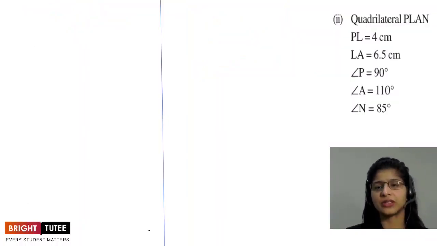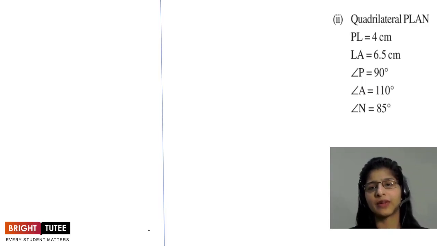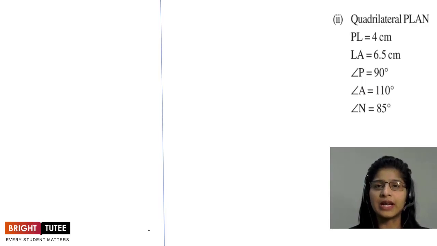Here is another question. Here also we have to construct one quadrilateral. The name of the quadrilateral is PLAN, and PL is given, LA is given, angle P, A and N is given. Okay, so one thing that you need to keep in mind, suppose this is PL.